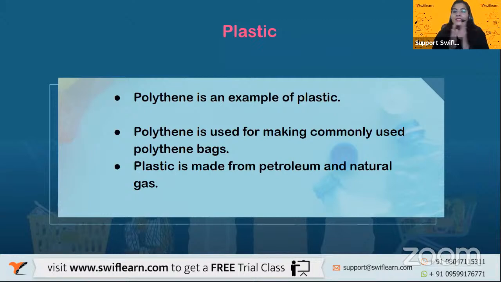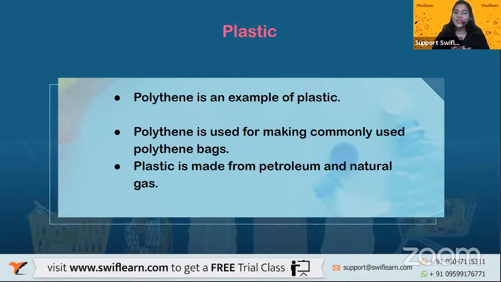Then one of the most useful or most common examples of plastic is the polythene. Right? If you go to the market and buy some fruits and vegetables, they all give the things in polythene bags, right? All the food items, groceries, milk, bread, whatever you buy, or any sort of other items, playing game items also, they used to give in polythene bags, huh?